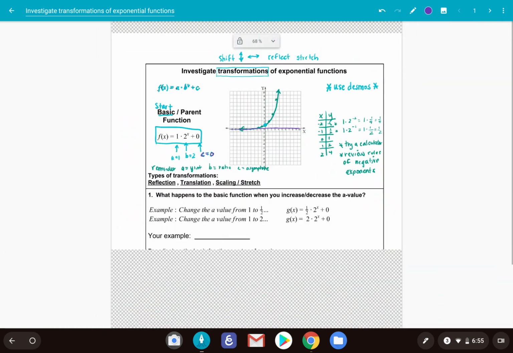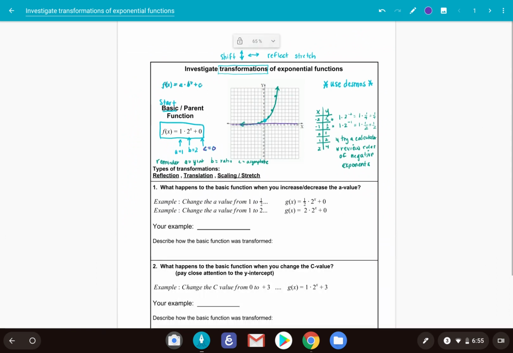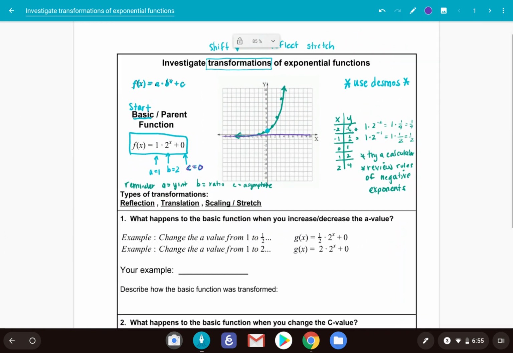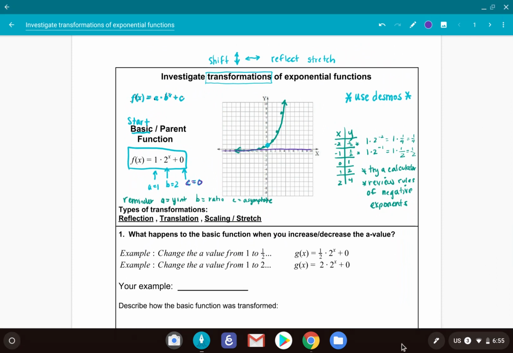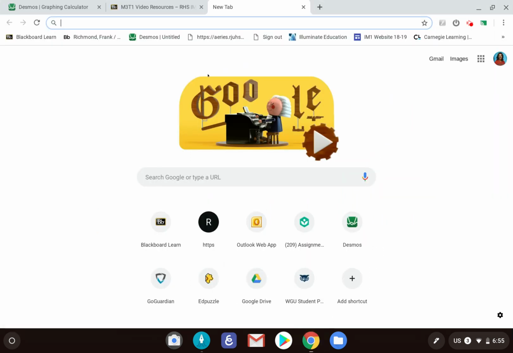And it's probably good to use Desmos for this investigation so that you can see the transformations really fast. So I'm going to go ahead and I'm going to open up Desmos right now, and I'm just going to graph this function just so that you can see really quickly what these transformations do. So let's go ahead and do that.